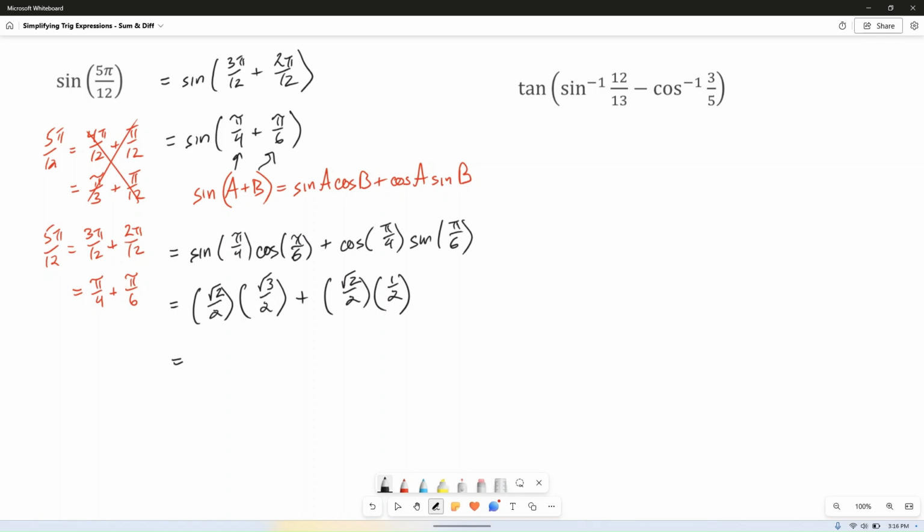And we saw this very similar in the last example. We're going to get square root of 6 over 4 plus square root of 2 over 4, which I could rewrite as square root of 6 plus square root of 2 all over 4. And so that is the exact value for the sine of 5 pi over 12.